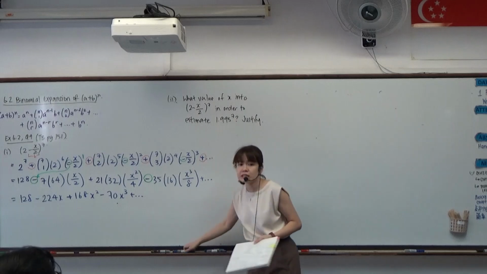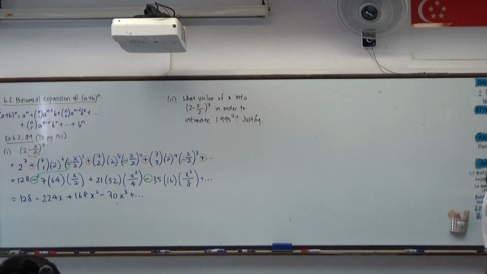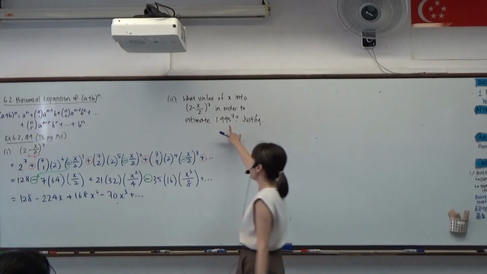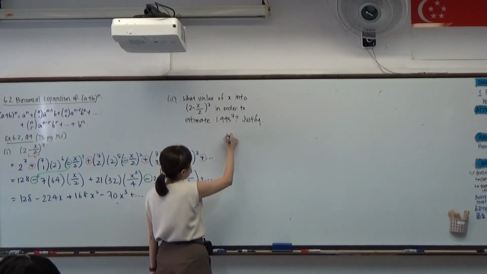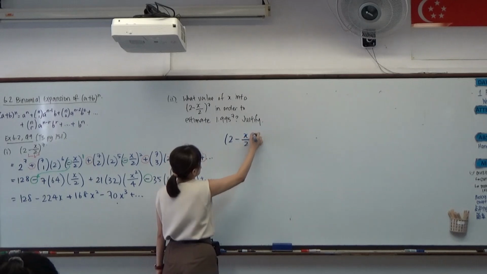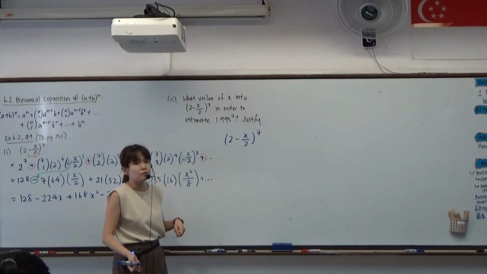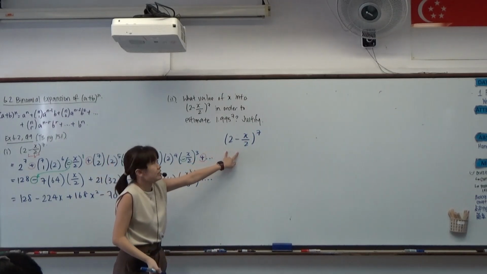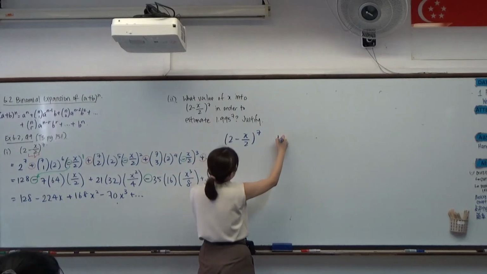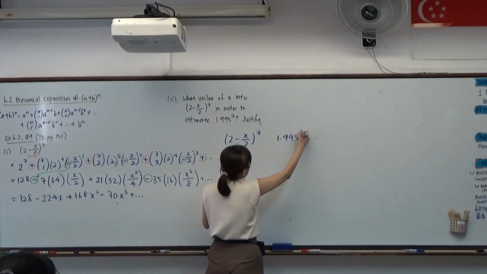Let's do things part by part. The first thing is to know what is the value of x that we want to use. We're trying to estimate 1.995 to the power of 7, so we want to draw reference to (2 minus x over 2) to the power of 7 in order to find out 1.995.